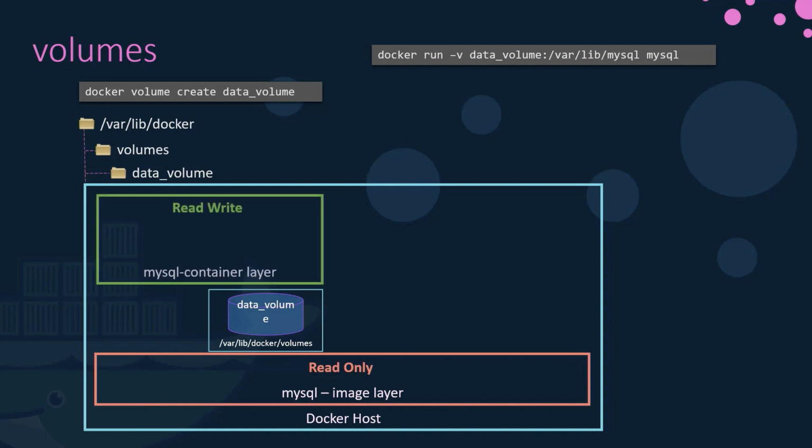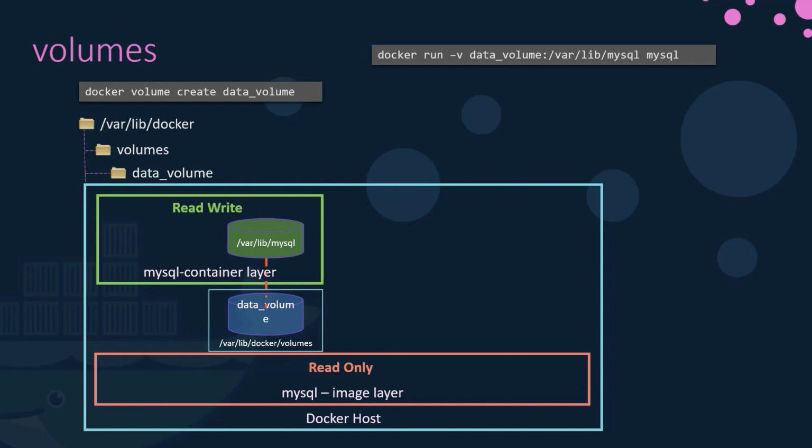This will create a new container and mount the data volume we created into the /var/lib/mysql folder inside the container. So all data written by the database is in fact stored on the volume created on the Docker host. Even if the container is destroyed, the data is still active.